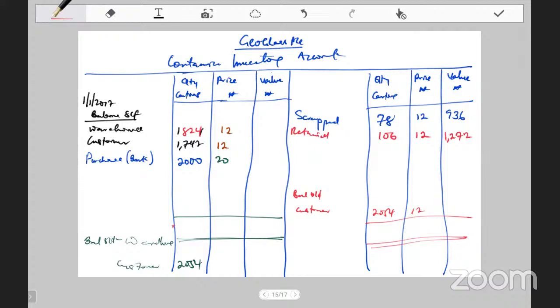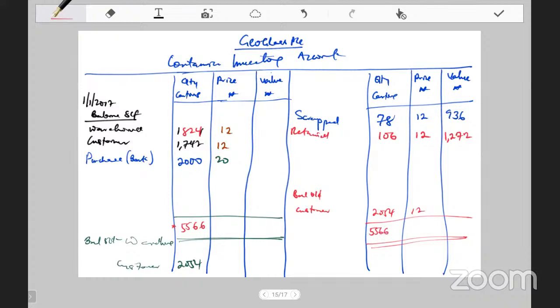So what's the total unit of inventory that we should have on the debit side, in terms of quantity? 5,566. That is what I should have.